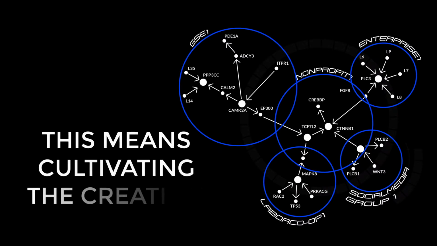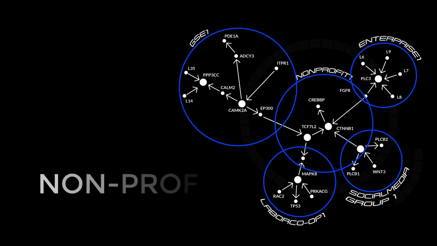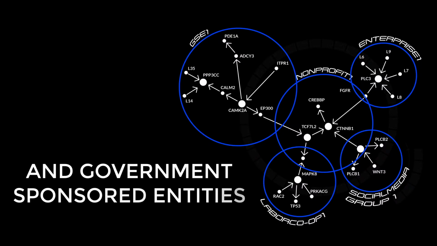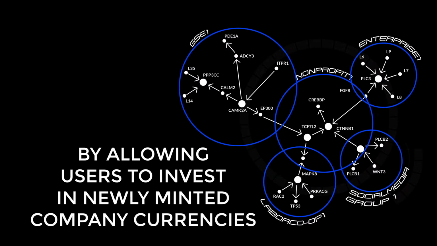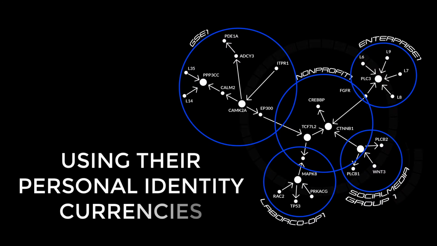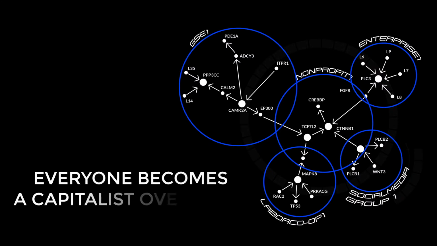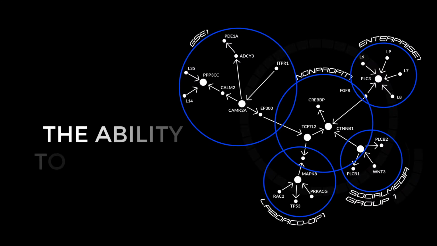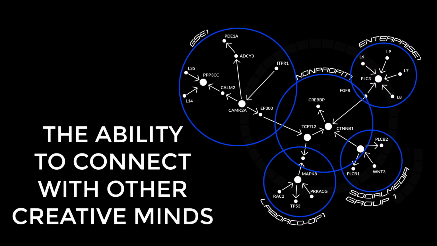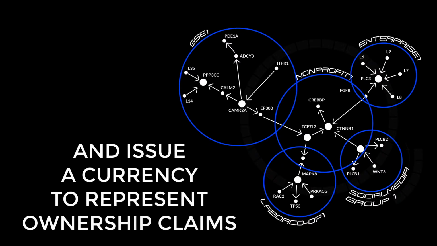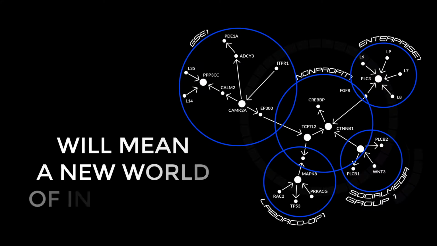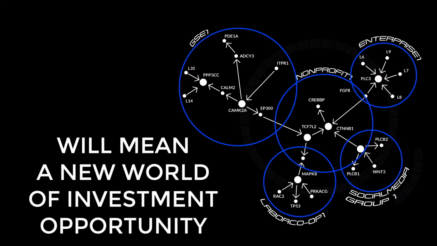This means cultivating the creation of for-profit, non-profit, and government-sponsored entities. By allowing users to invest in newly minted company currencies, using their personal identity currencies, everyone becomes a capitalist overnight. The ability to connect with other creative minds, develop a business plan, and issue a currency to represent ownership claims will mean a new world of investment opportunity.